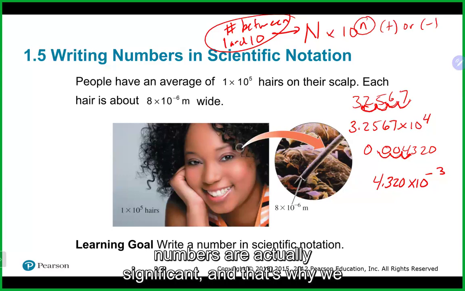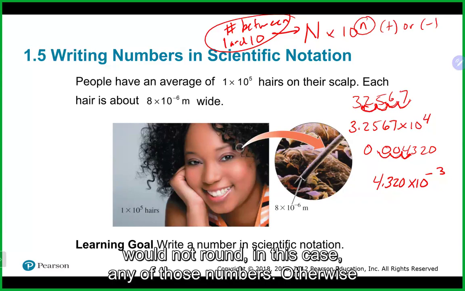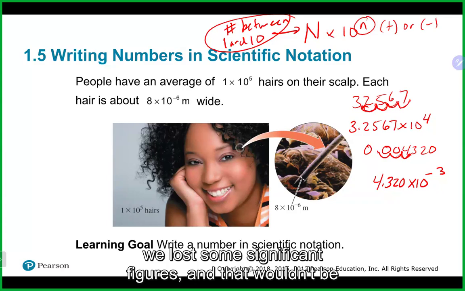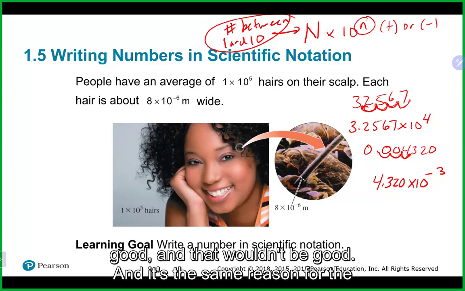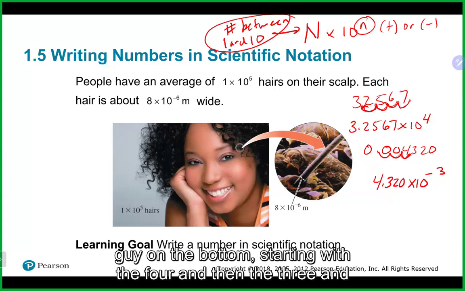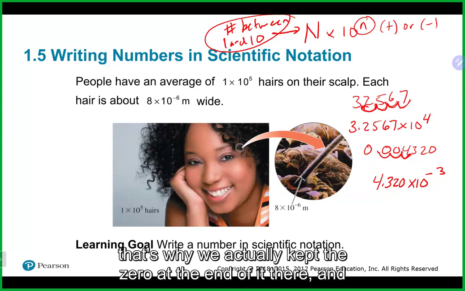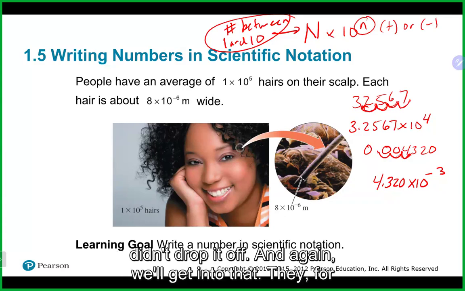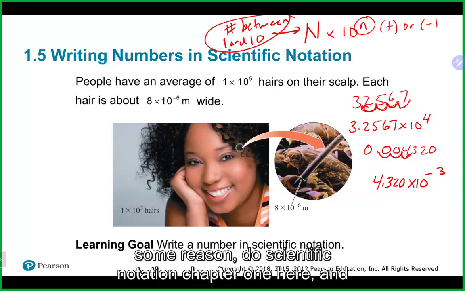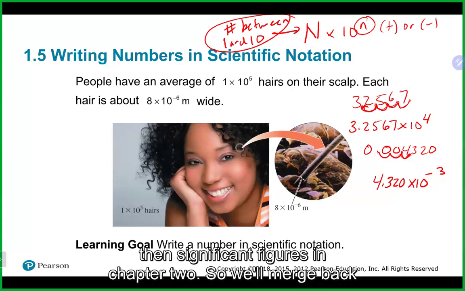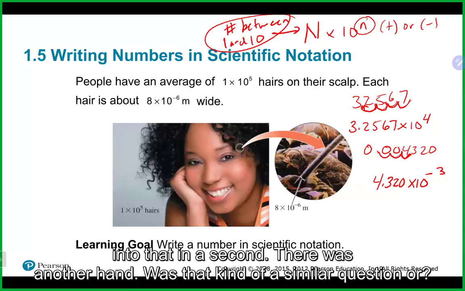All 5 of those numbers are significant, and that's why we would not round any of those numbers. Otherwise, we lost some significant figures, and that wouldn't be good. And it's the same reason for the one on the bottom. Starting with the 4, and then the 3 and the 2 and the 0, those are all significant figures, and that's why we kept the 0 at the end of it and didn't drop it off. Again, we'll get into that. For some reason, they do scientific notation in chapter 1 and then significant figures in chapter 2. So we'll merge back into that in a second.